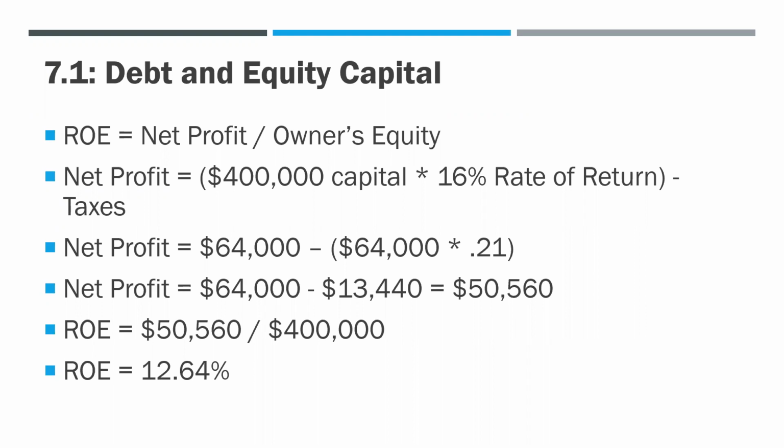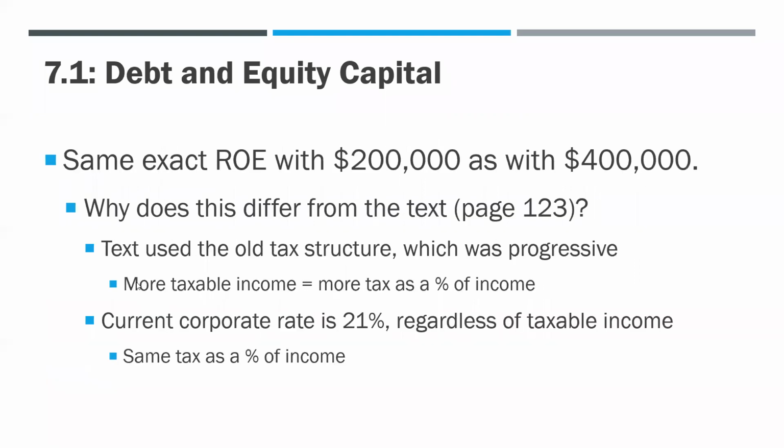And that is correct. And the reason why they're different in the book is because of that old tax structure. Once the net income was over $50,000, the taxes were higher than just 15% as the book had.